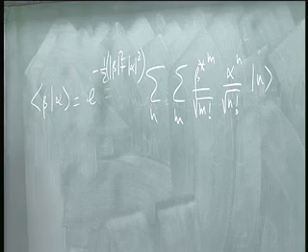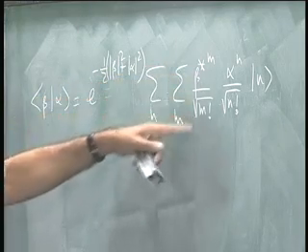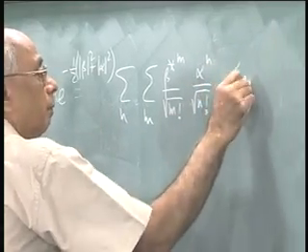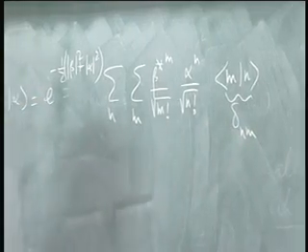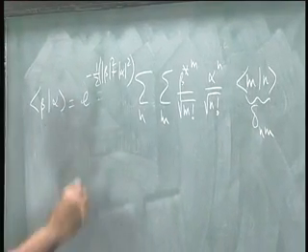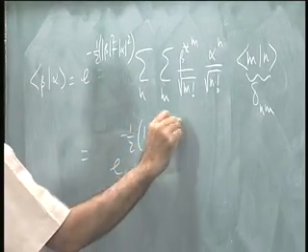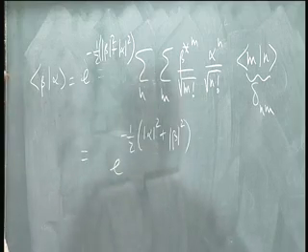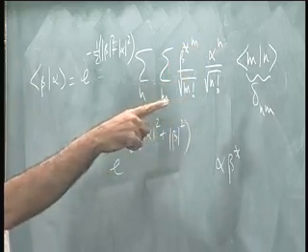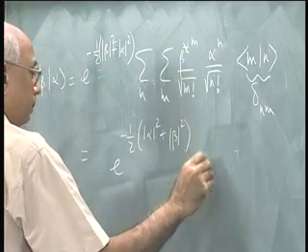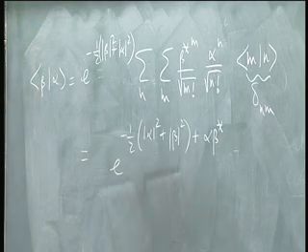Those were the two normalization factors for the states, and then I took the bra beta, so you put a beta star here, and then there was the overlap of m with n, but this is delta nm, that is orthonormal. So the summation collapses to a single sum and you get e to the minus half of mod alpha squared plus mod beta squared, and then you get alpha beta star to the power n over n factorial. So it is e to the power of this, this is what you get.